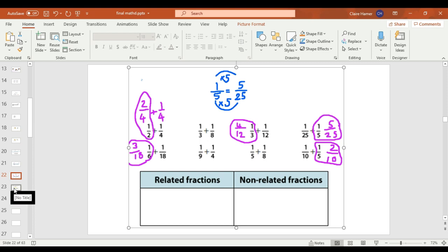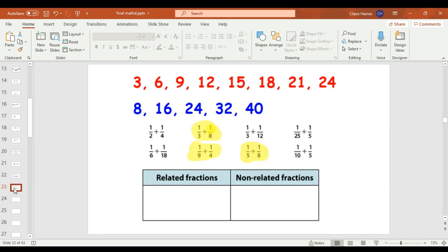But here's a little bit of information first. So this is how I find a common denominator for 3 and 8. So for 1/3 and 1/8, I've written down my 3 times table, so multiples of 3, and I've written down multiples of 8.